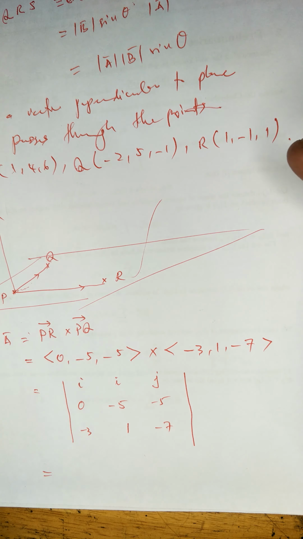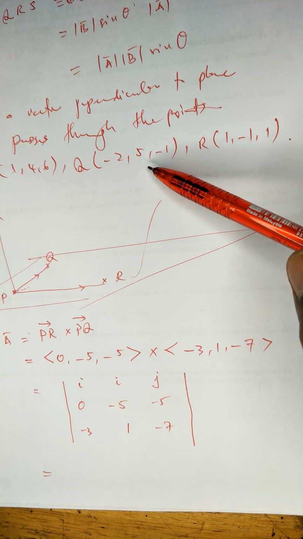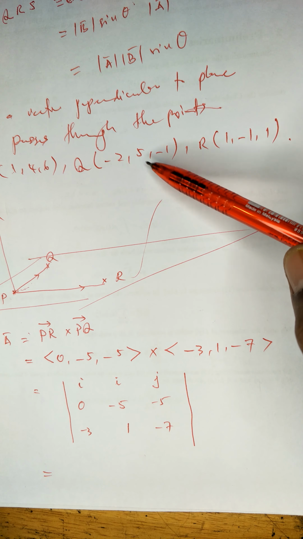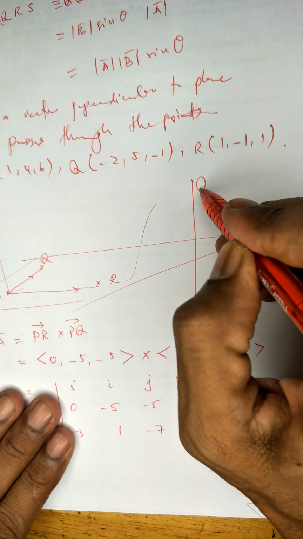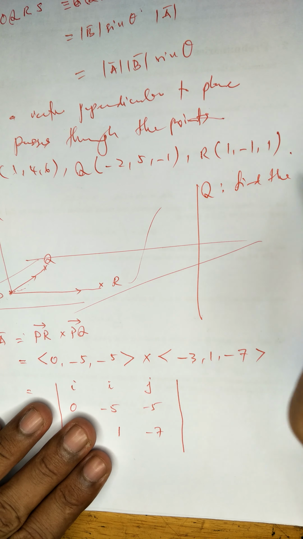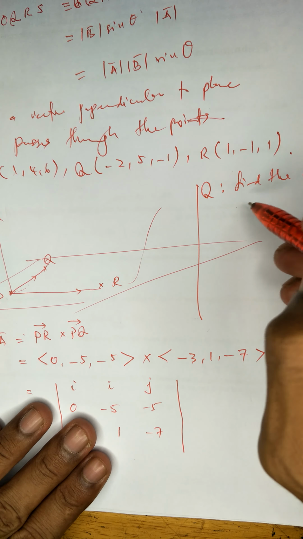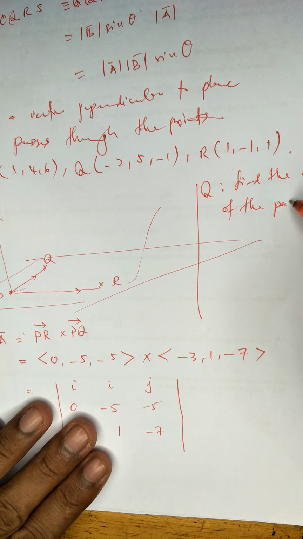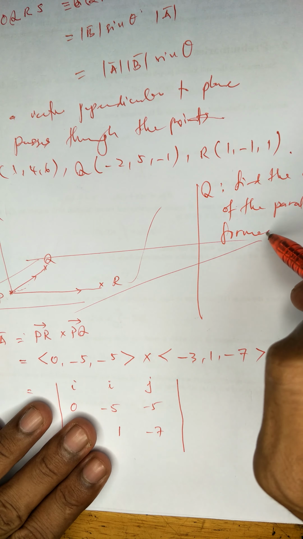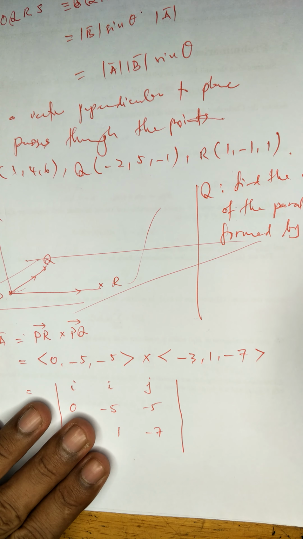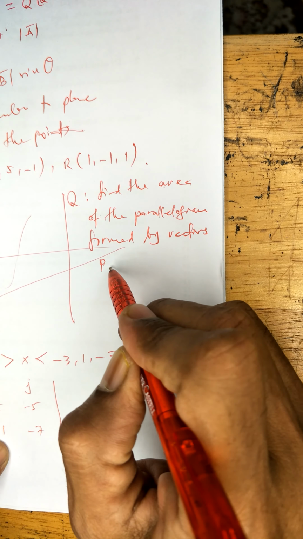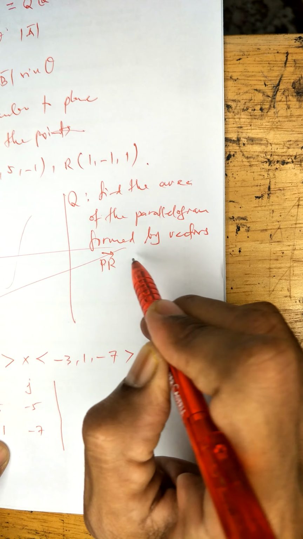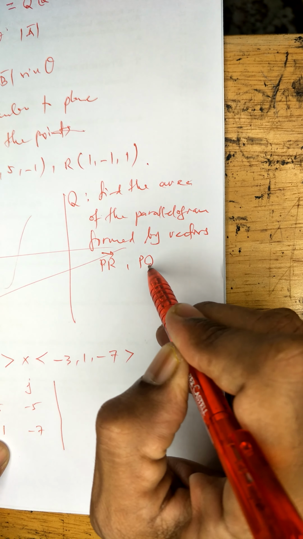Let's say I can ask: find the area of the parallelogram formed by vectors PQ and PR. The other question from this could be: find the area of the parallelogram formed by vectors PQ, PR, or PR, PQ, it doesn't matter.